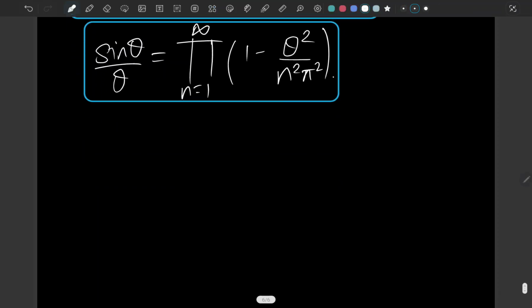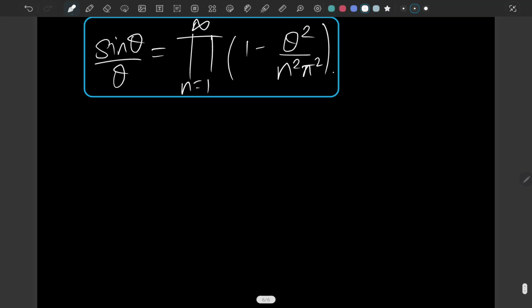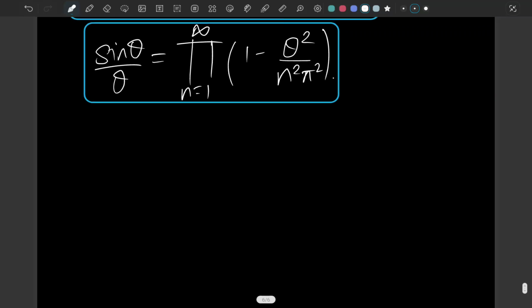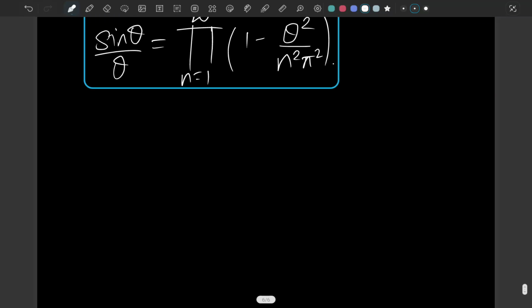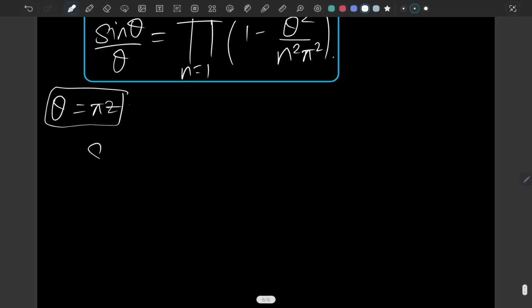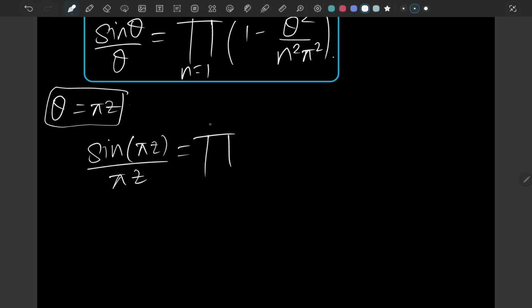And you know what, we can use this to prove Euler's reflection formula or the Weierstrass product, which I have used, right? Basically you just have to plug theta equals pi z here, so that's going to give us sine of pi z over pi z equals the product as n goes from 1 to infinity of 1 minus theta.